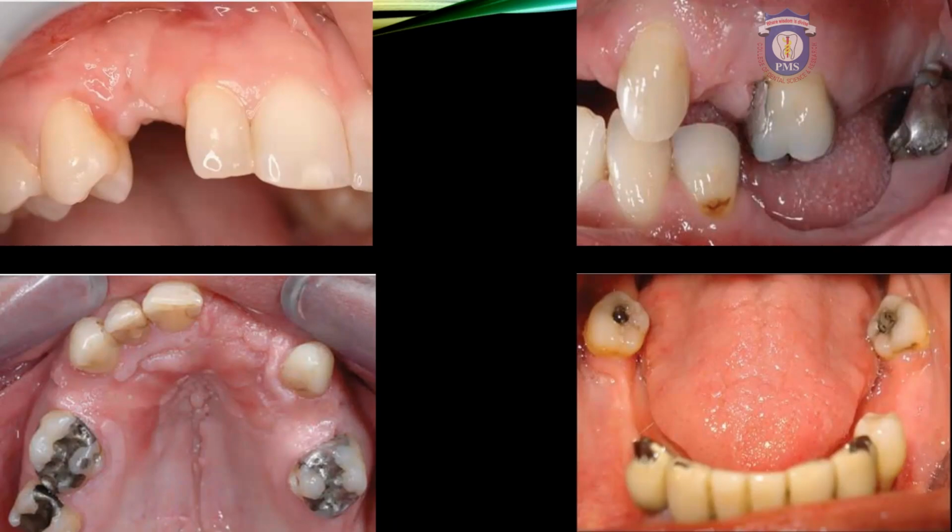So this type of partial edentulousness can be treated with removable partial denture prosthesis and, if possible, fixed partial denture prosthesis. Or a higher version, implants, when the oral conditions and the general condition of the patient are favorable.